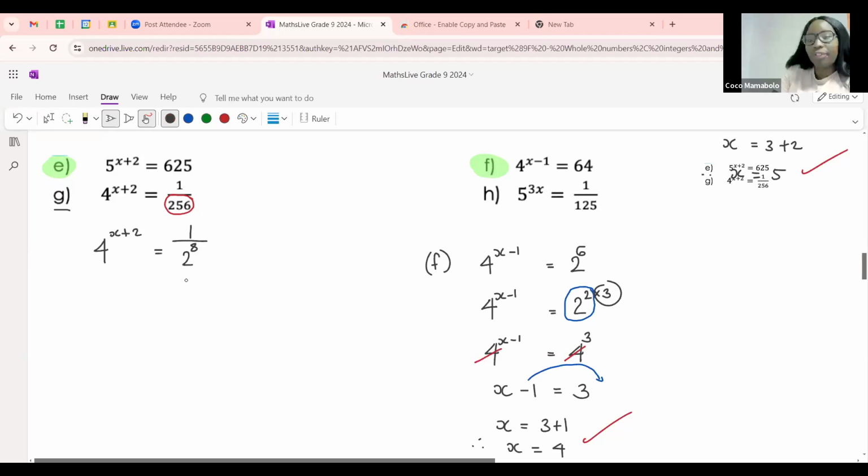Now, let me ask you guys a question. Let's say, for instance, I've got 3 to the power of minus 3. How do I change this 3 to the power of minus 3 to have a positive exponent? What would I have to do? Does anybody remember from the laws of exponents?